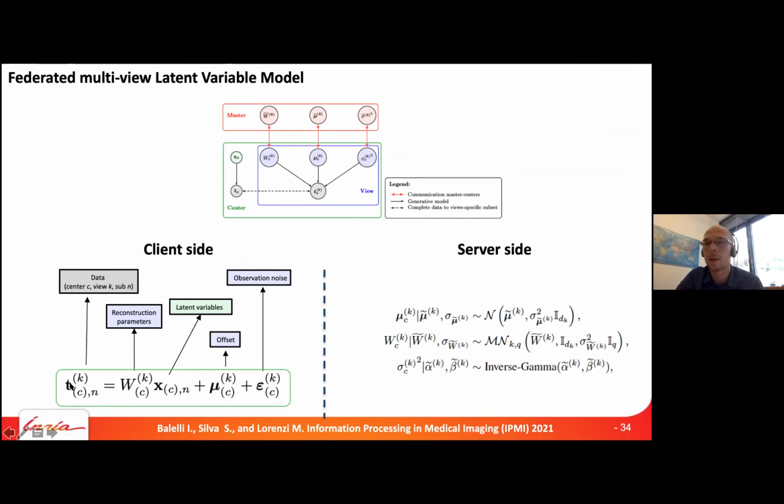The view can be imaging, MRI, PET, or clinical. Given the generative parameters, the data is generated by some latent representation, as in PCA. Once we know this latent representation, which is common to every view, we have a transformation from the latent space to each view's data space that maps the latent to the data.